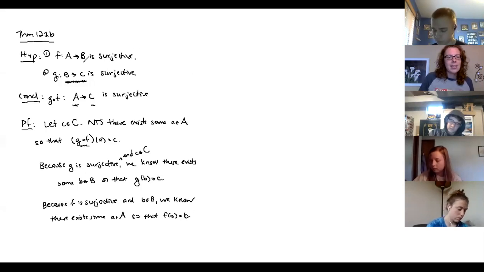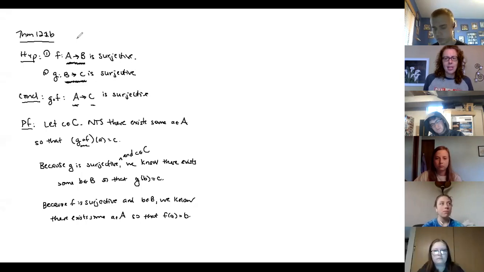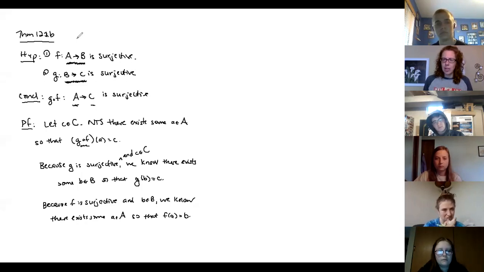So I've got something in the codomain of F, and therefore it has to have a preimage in the domain of F. Seeing that? If I've got something in the codomain of F, it has to have a preimage in the domain of F. Are we good? Do we see where that's coming from? Something in the codomain has to have something in the domain.